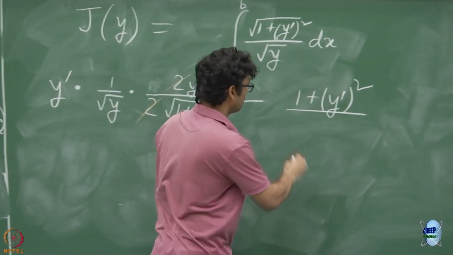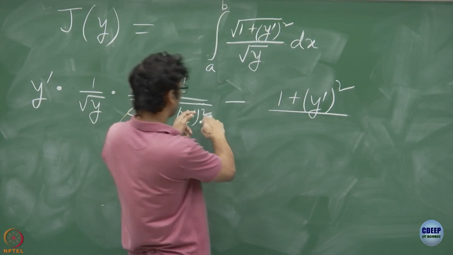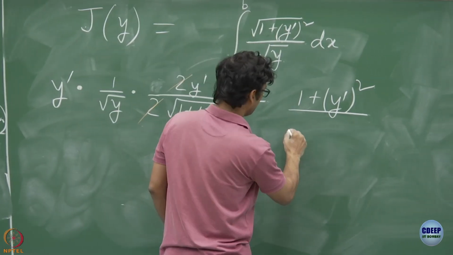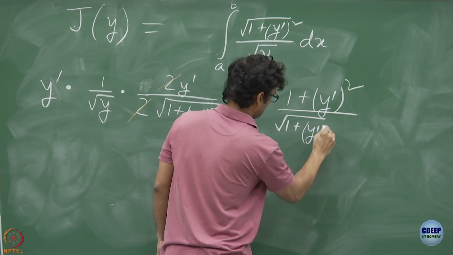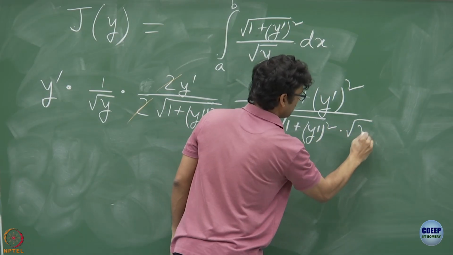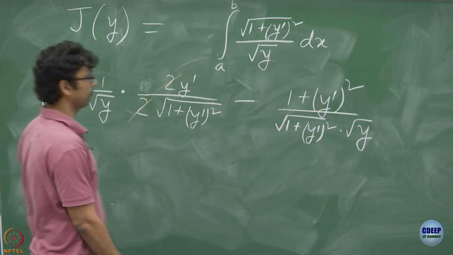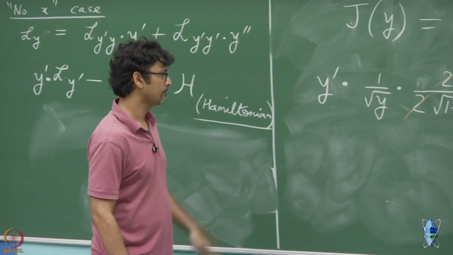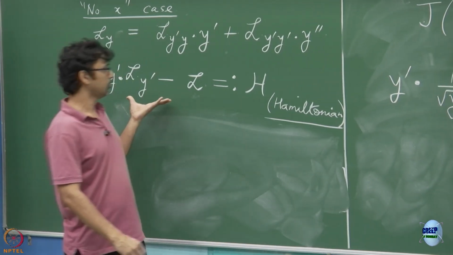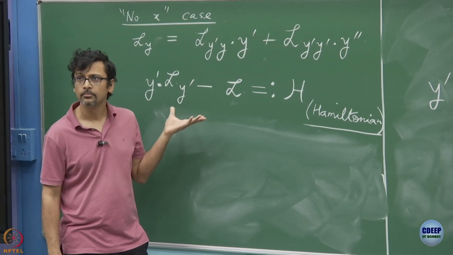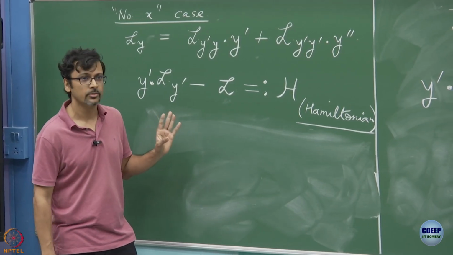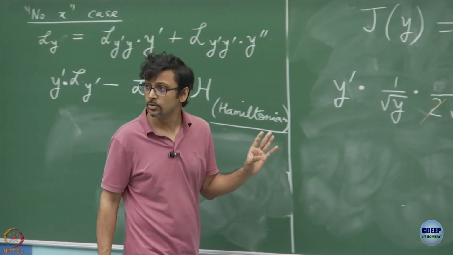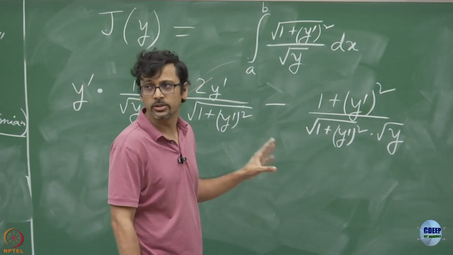So I just multiplied it by square root of 1 plus y prime squared, above and below. So this is the Hamiltonian. Yes, I hope there's no mistake made in the writing of the Hamiltonian, and this has to be equal to some constant.